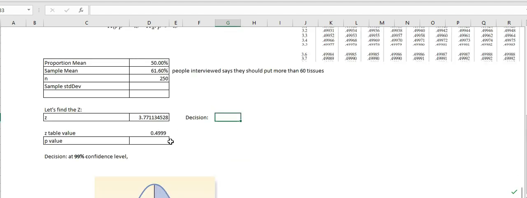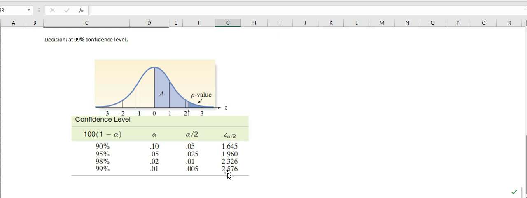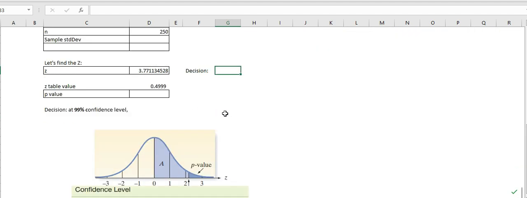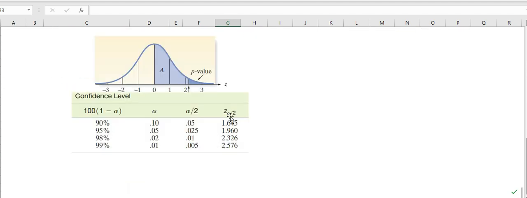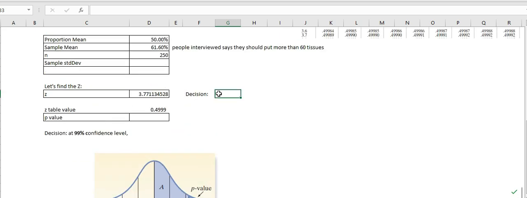Since we will be using 99%, the critical value is 2.5. Since 3.77 is more than 2.5, we will reject the null hypothesis.